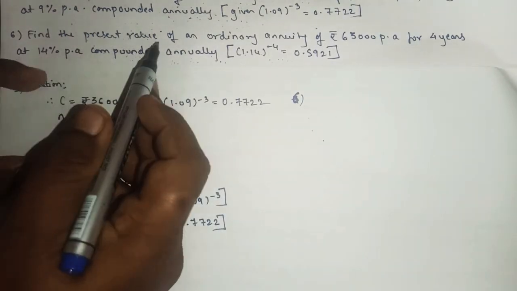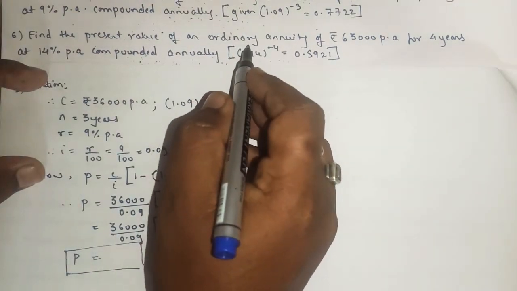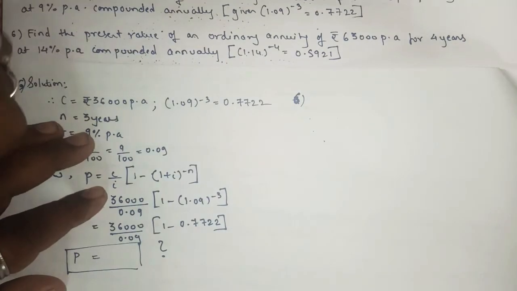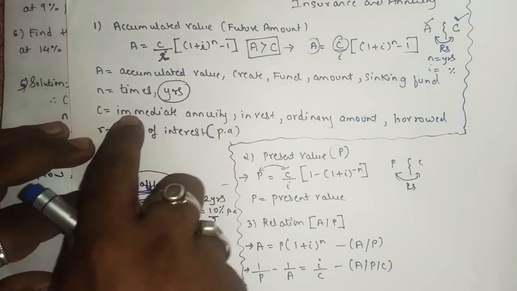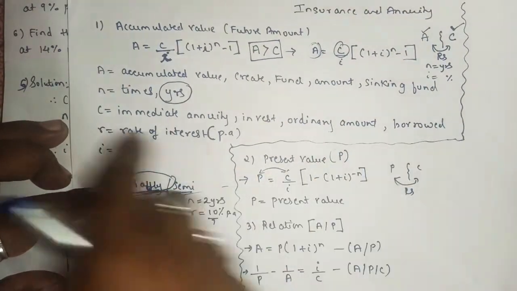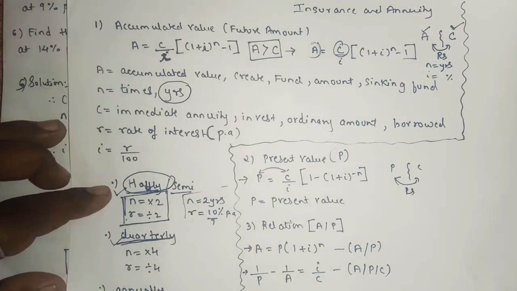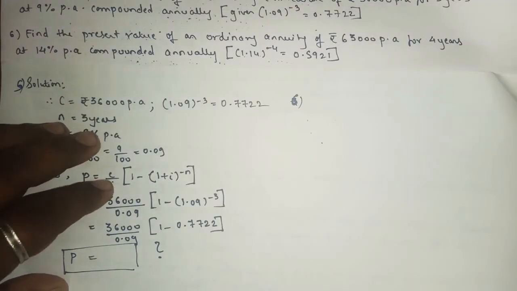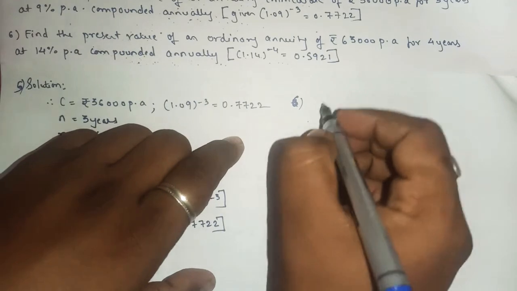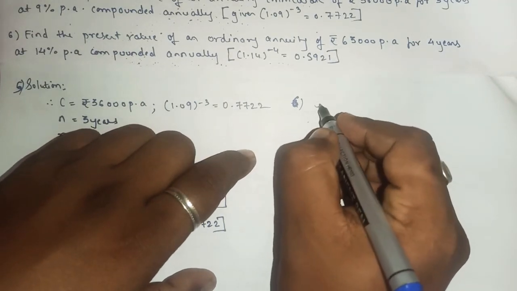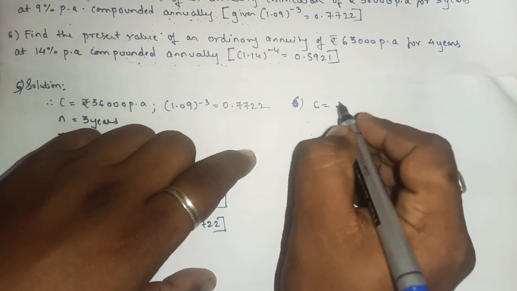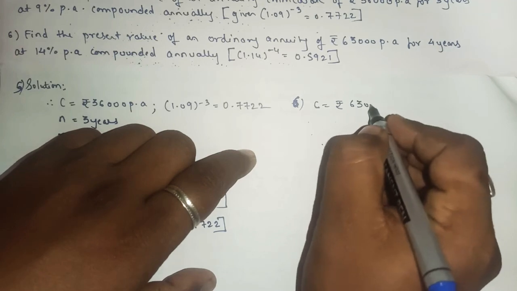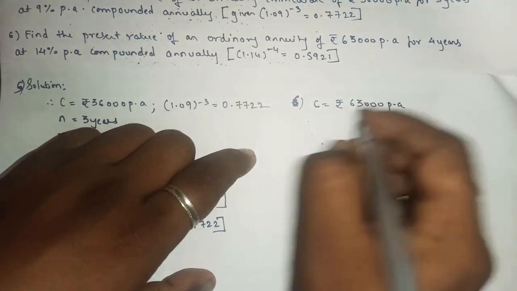Again we have to find the present value of an ordinary annuity. As we know, immediate, invest, ordinary, borrowed mean one and the same, that means C. So for this sum also we have C equals 63,000 per annum.